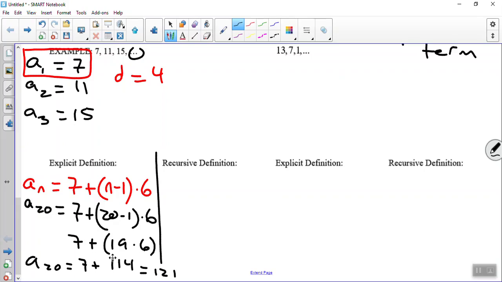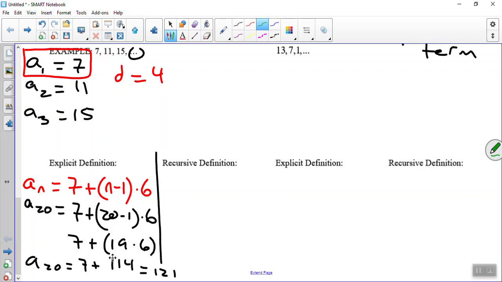All right, let's look at the recursive definition. We have everything we need; you just write it differently. For a recursive definition, you need to tell us the pattern and where it starts.